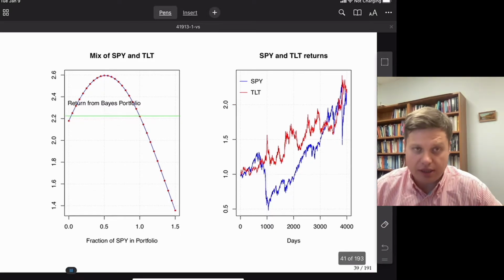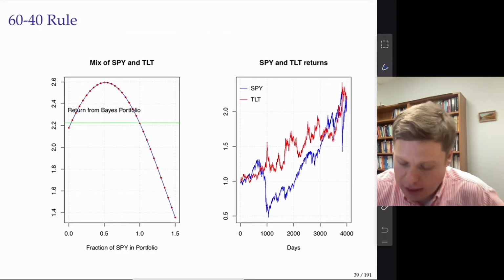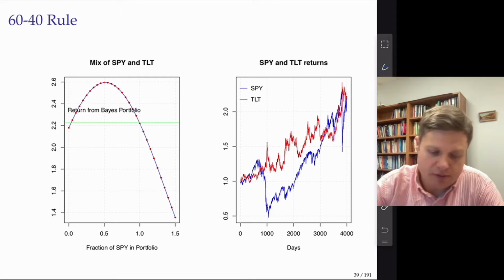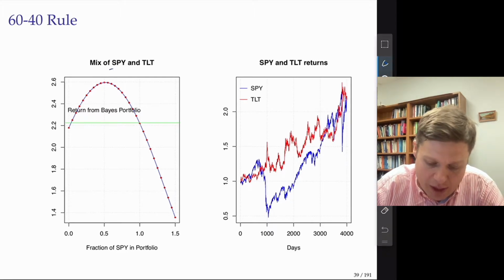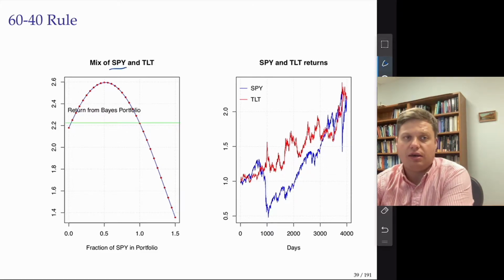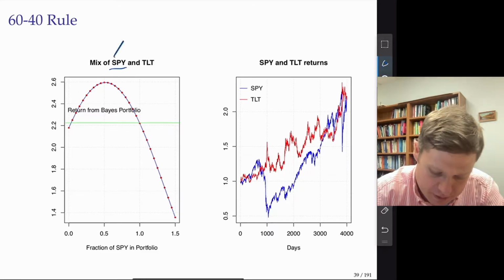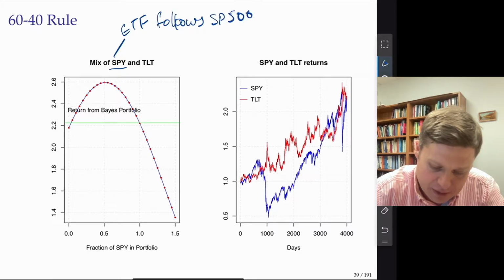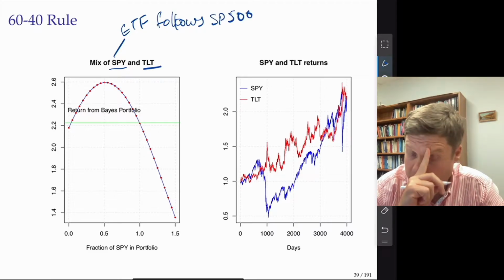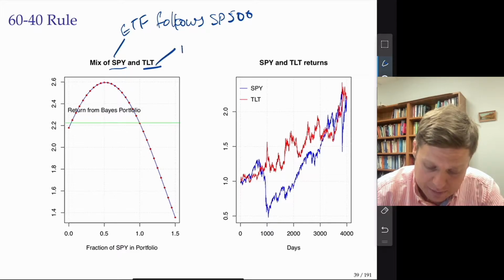Now let's look at another example. If we want to split our money between two investments, we consider SPY, which is the ETF that follows the S&P 500 index, and TLT, which is the treasury bonds.